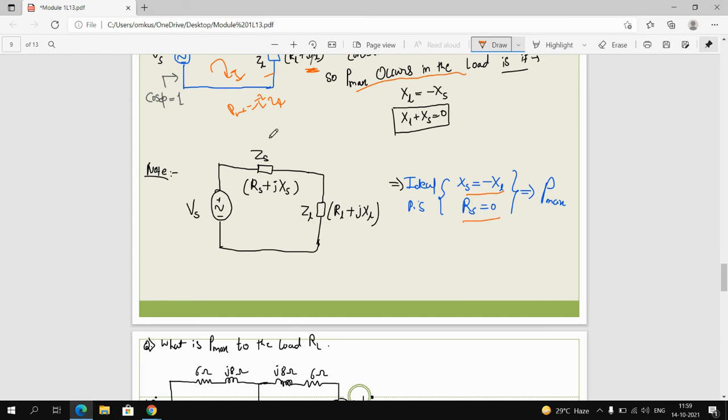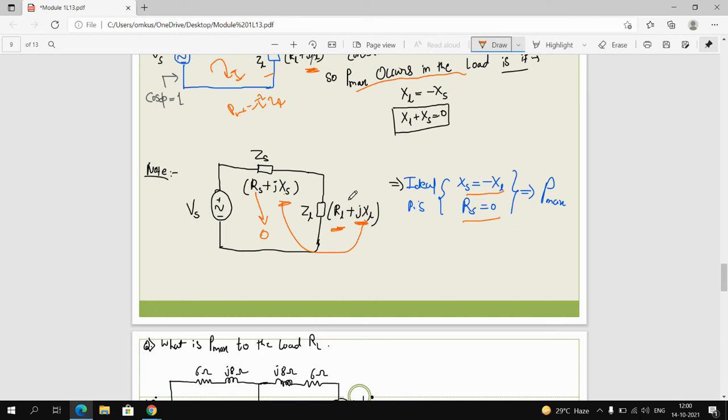Now see, this is a series combination. If you have an arrangement in which you can put this value as zero, because resistive elements always increase losses, and this is all in series, then the lower your resistance, the more maximum current will flow in the circuit. So if you reduce this RS to zero and make the reactance equal in opposite phase, these two reactances get cancelled out and the whole current flows through this resistive load only.